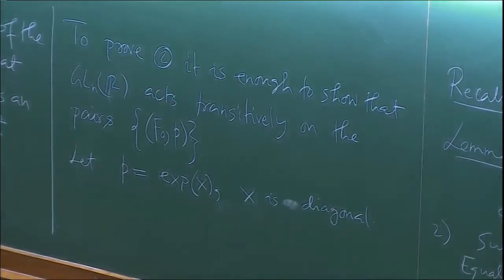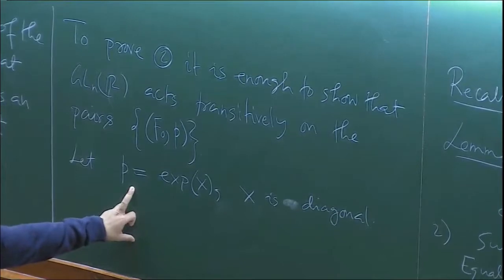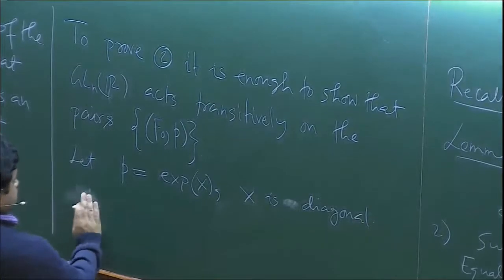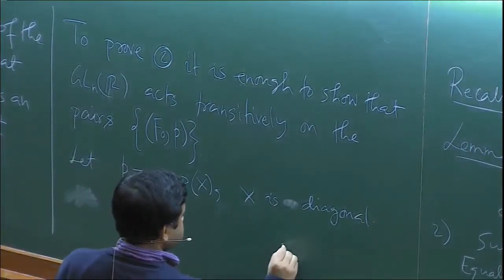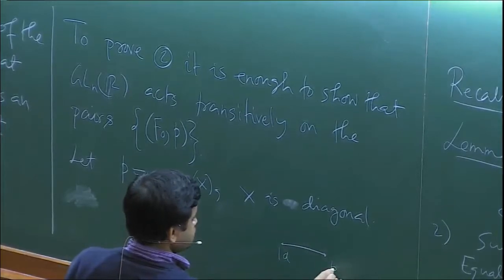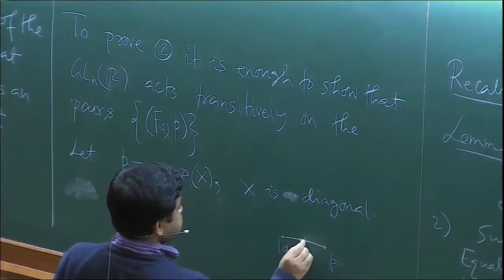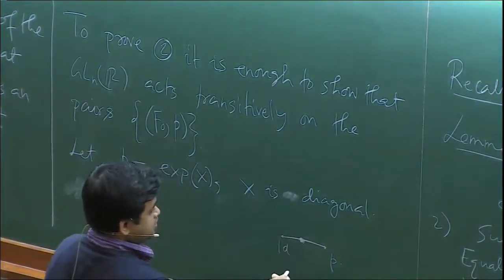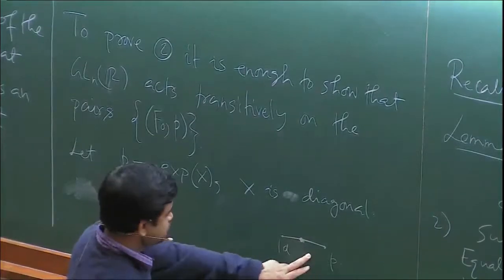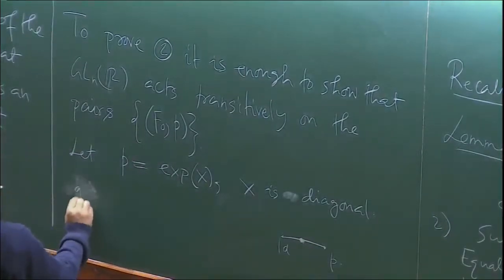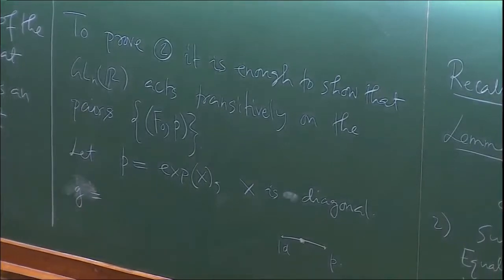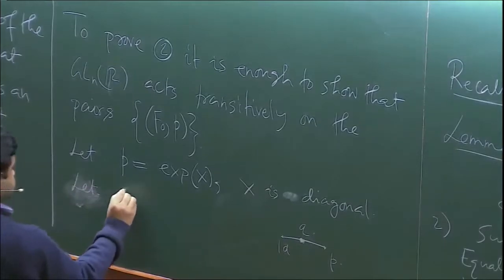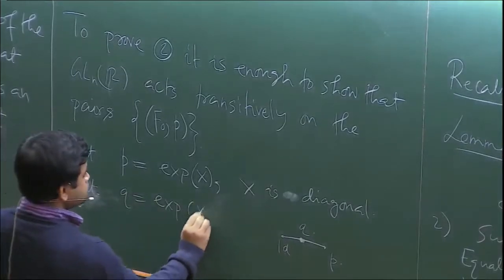Now we try to find some element of G. So what will work for me? Let me draw a picture. So this is identity and this is P. What I'll do is take this midpoint. Then the geodesic inversion about this point will just reverse this geodesic. So let us call this point Q. Let Q be exponential X by 2.